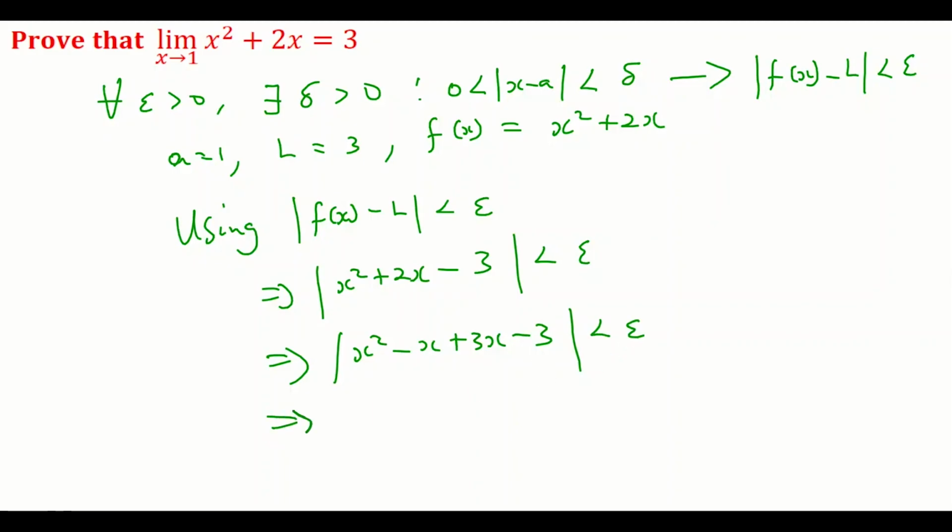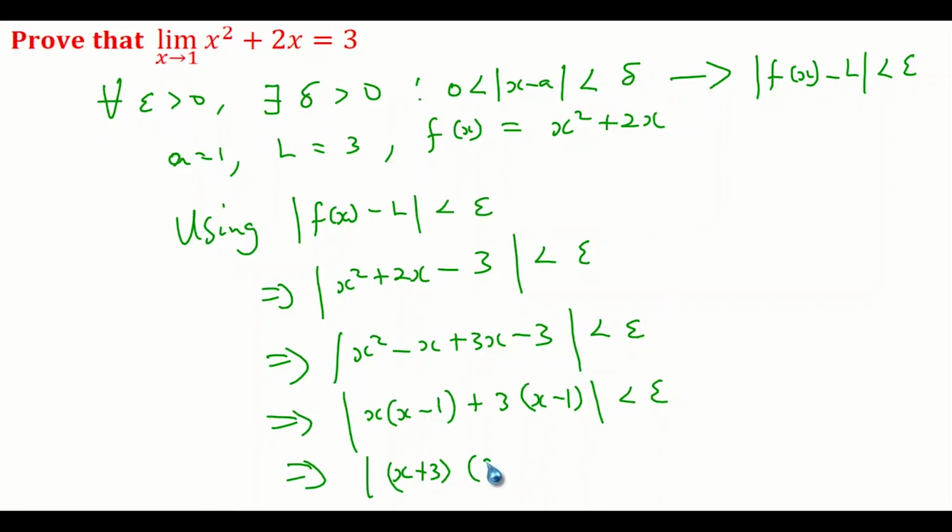So it implies that x times x minus 1 plus 3 times x minus 1 is less than epsilon. It implies that the absolute value of x plus 3 multiplied by x minus 1 is less than epsilon.